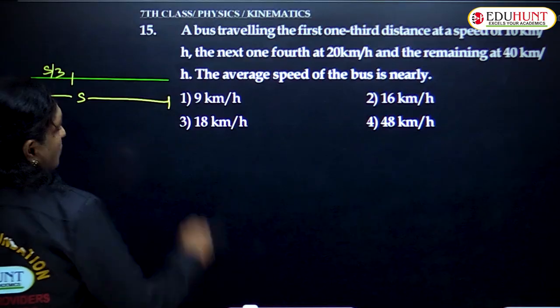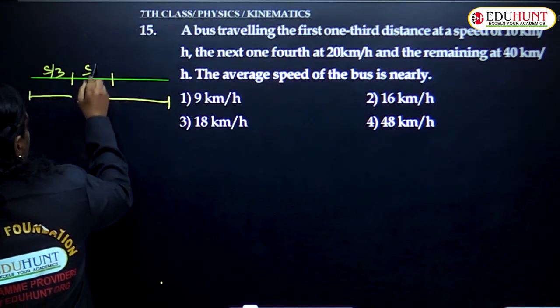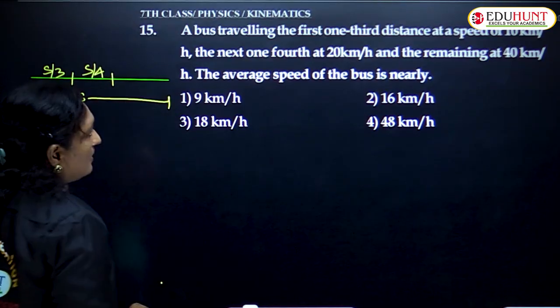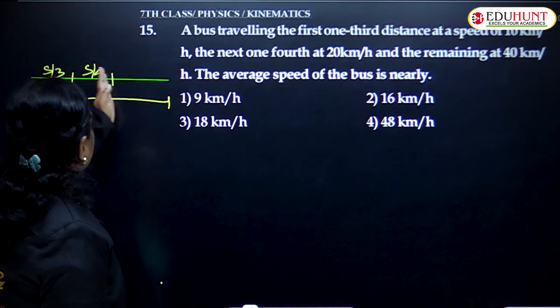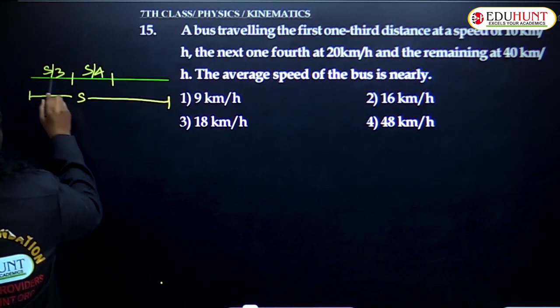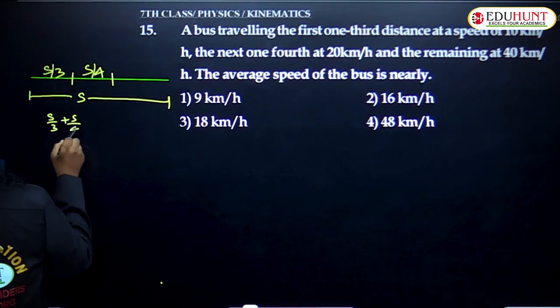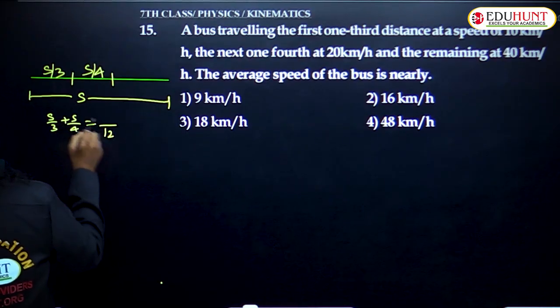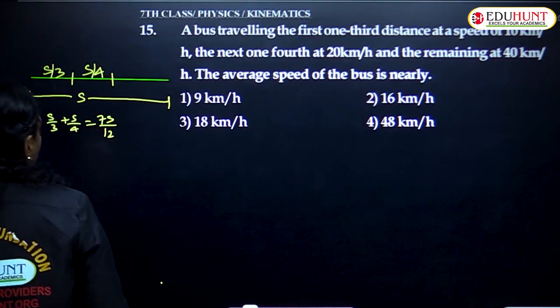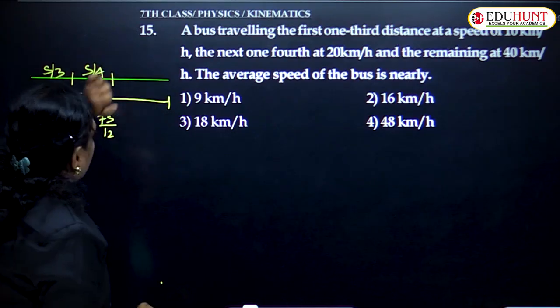And the next 1/4 means S by 4. And the remaining distance means from here to here. Children, what is the LCM of these? S by 3 plus S by 4, LCM is 12, and 4 plus 3 is 7S by 12. So, what would be the remaining distance?